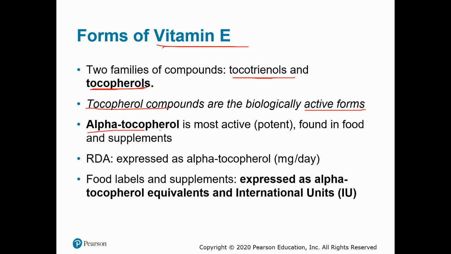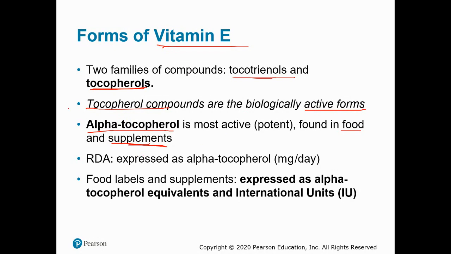So we find, for example, alpha tocopherol in most of our foods. And if you take a vitamin E supplement, or a multivitamin, or if a food has been fortified with vitamin E, you'll probably see alpha tocopherol instead of vitamin E written in the ingredients lists or in that supplement facts label.